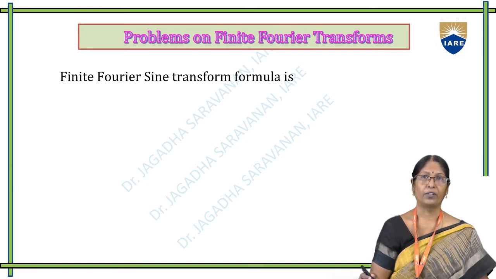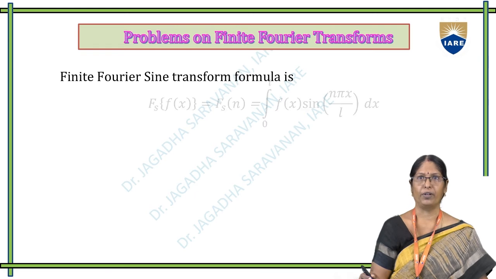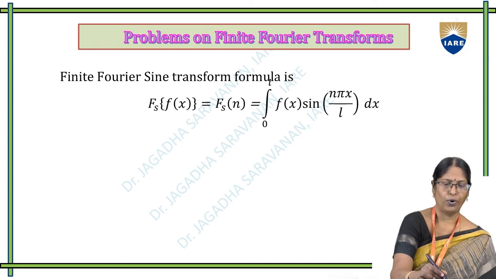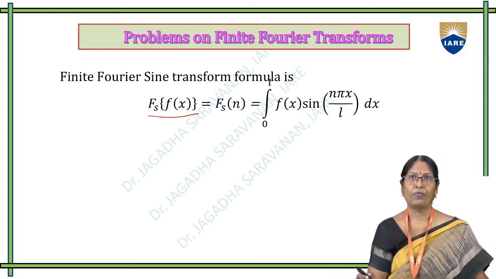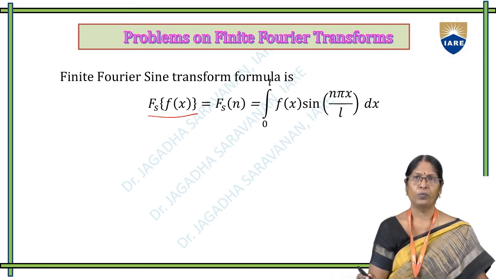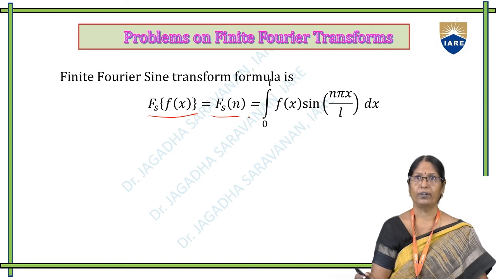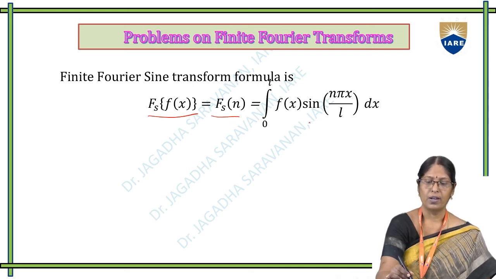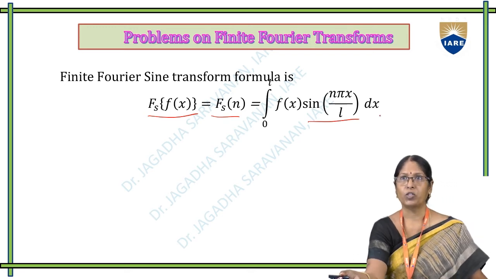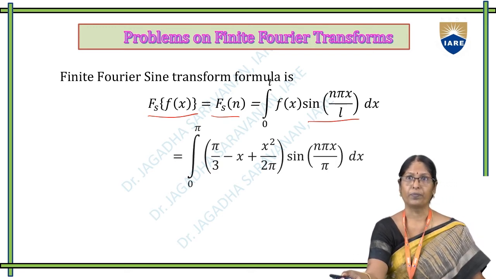Now we will do the finite Fourier sine transform formula. The Fourier sine transform of the function f of x is capital F s of n, which is the integral from 0 to L of f of x sine of n pi x by L dx.